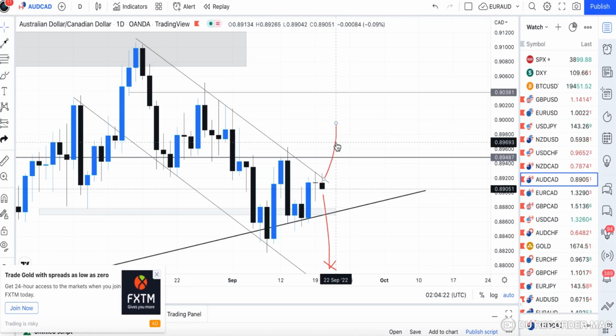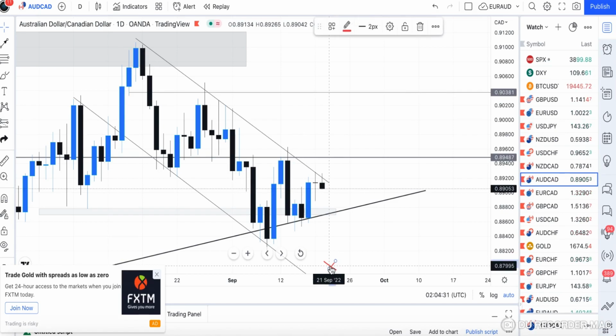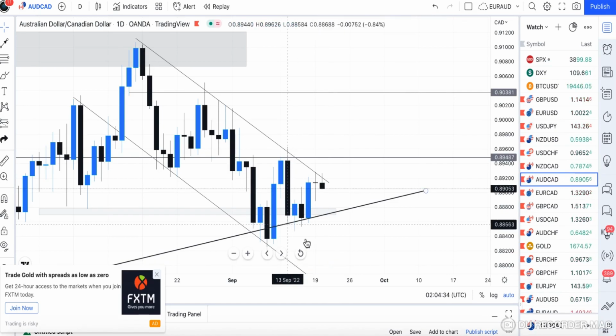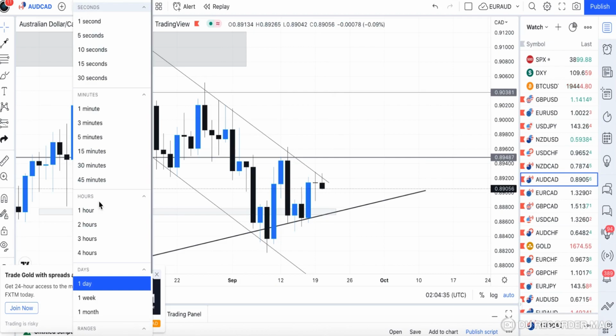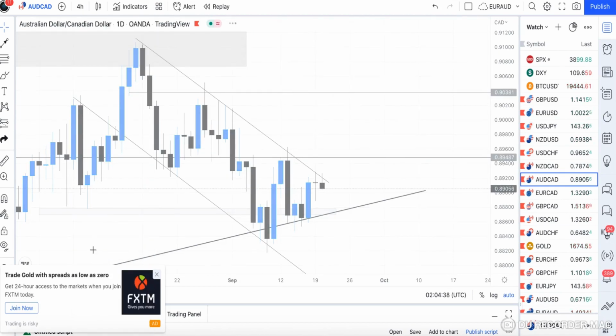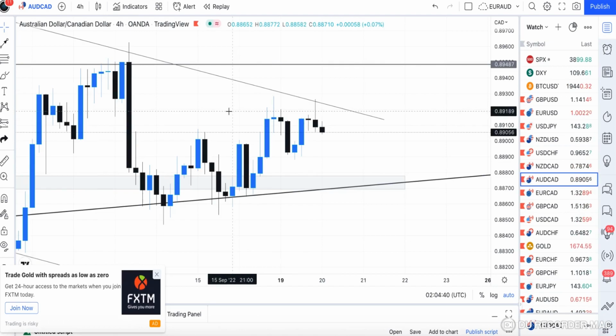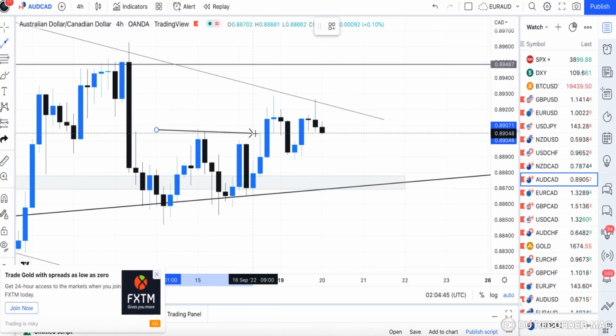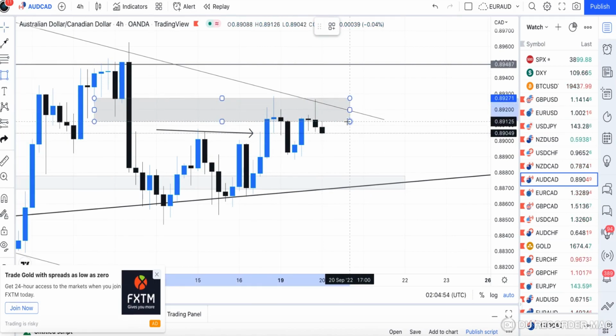So the first thing is, let's go to the 4-hour time frame. As you can see, we have a break of structure at this particular area, and then this area is what we call a supply level.